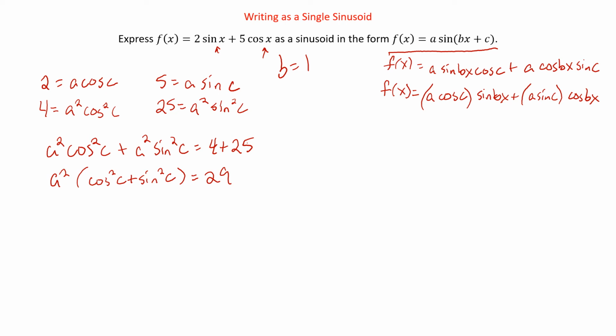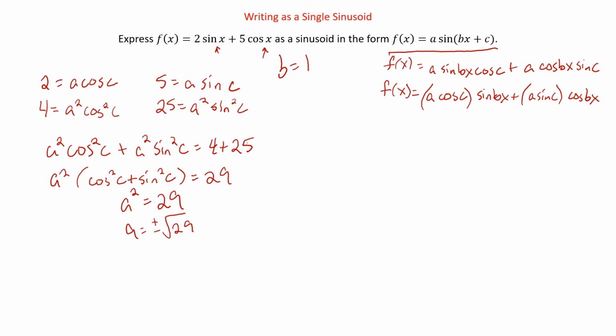I would not have expected you to just do that off the bat, but these are the steps. When you're doing these problems, you want to square them, add them together. The Pythagorean identity goes away, so we have a squared equals 29, which means a equals plus or minus the square root of 29.